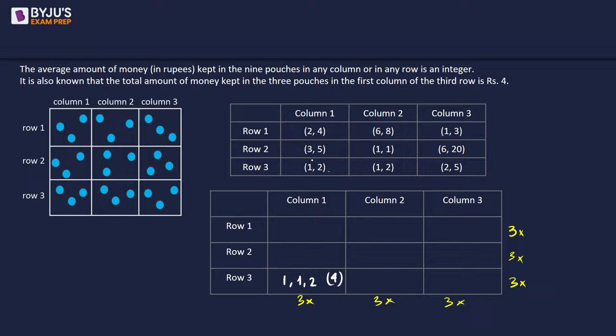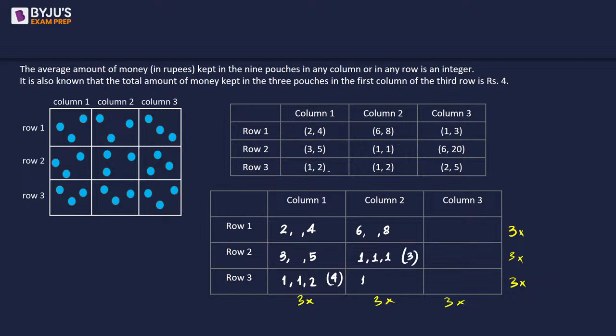Now if we look at row 1, minimum is 2, maximum is 4. So the missing value is not known. If we look at first column row 2, the next one, the minimum is 3, the maximum is 5, the middle value or the third pouch we don't know. If we look at first row second column, minimum is 6, maximum is 8. For the next one, we have minimum 1 and maximum 1, so this has to be 1, 1, 1.